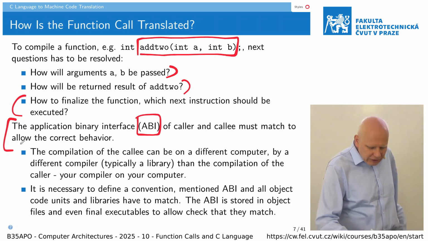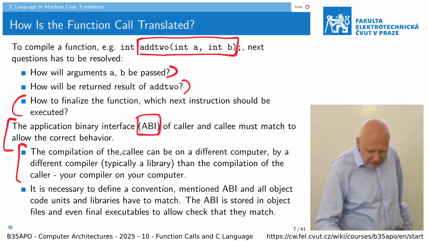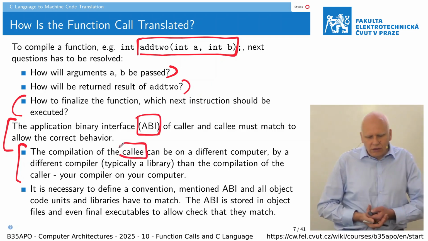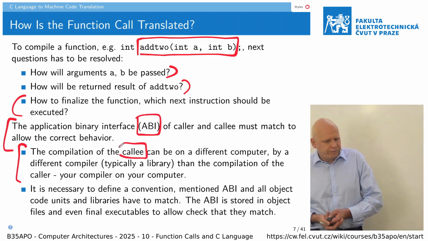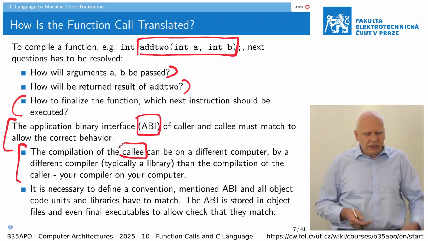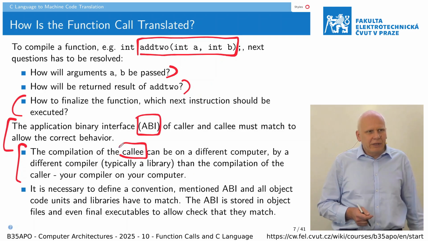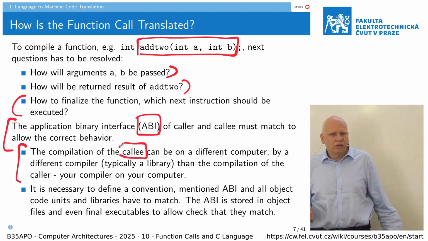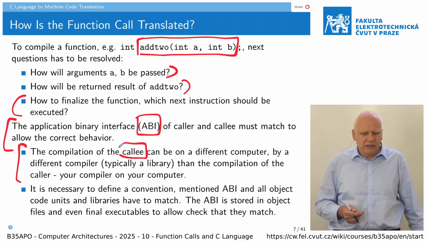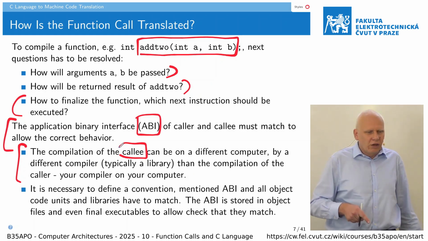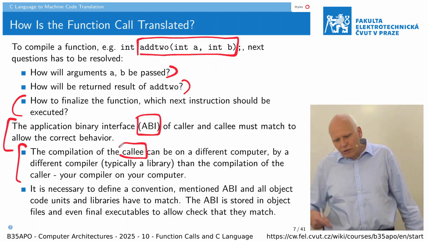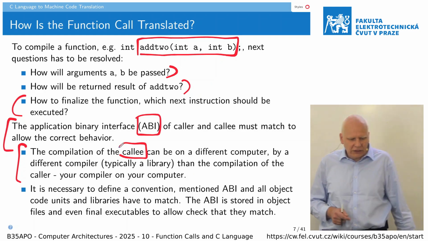It is even possible that you compile the library or something on a different computer than the one on which the application then runs. So for example, in your case of MZ-APO boards, you compile on x86, but the code is for ARM, for the target.